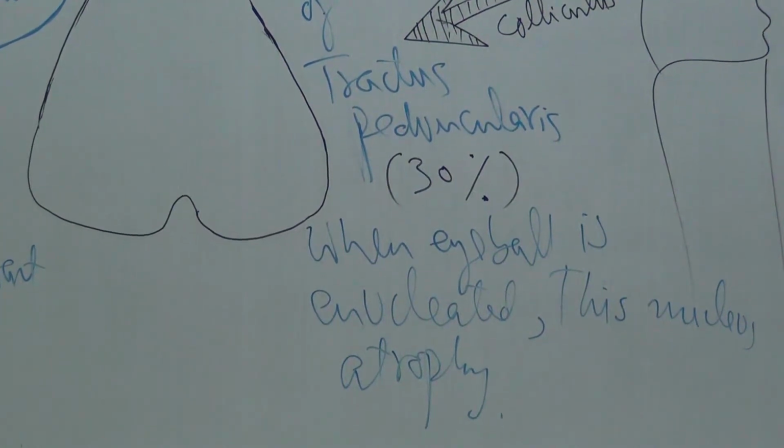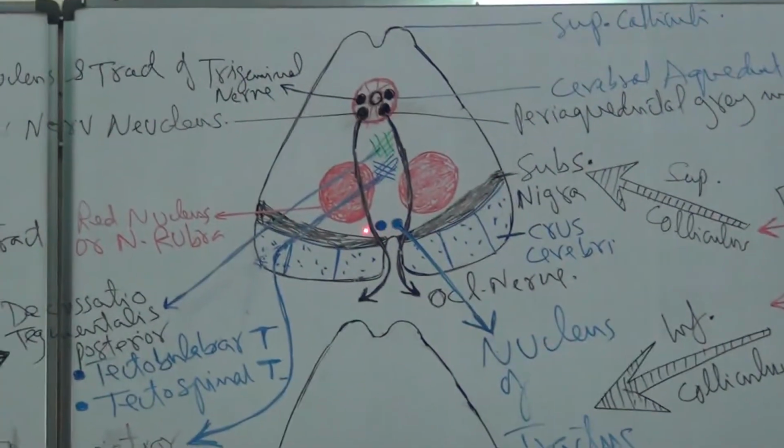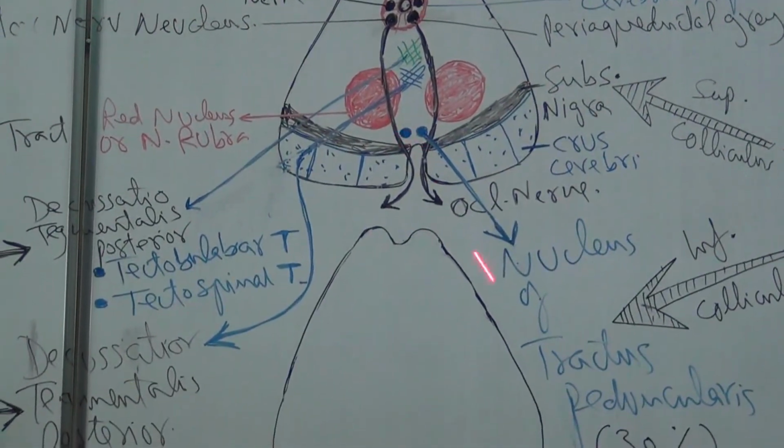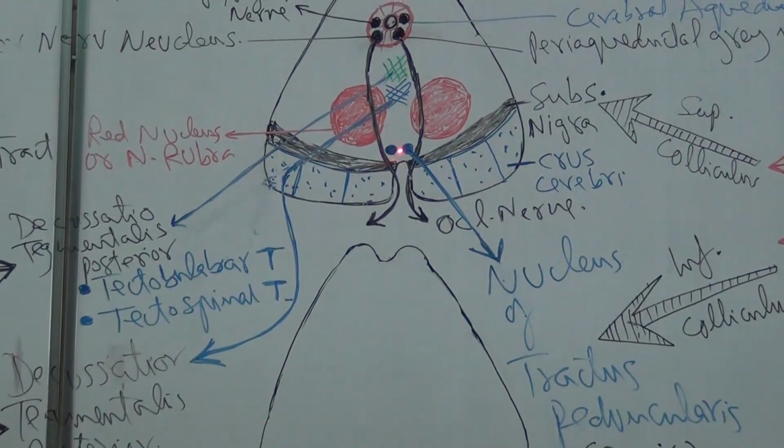So this was about the nucleus of the tractus peduncularis, which is present only in 30% of individuals.